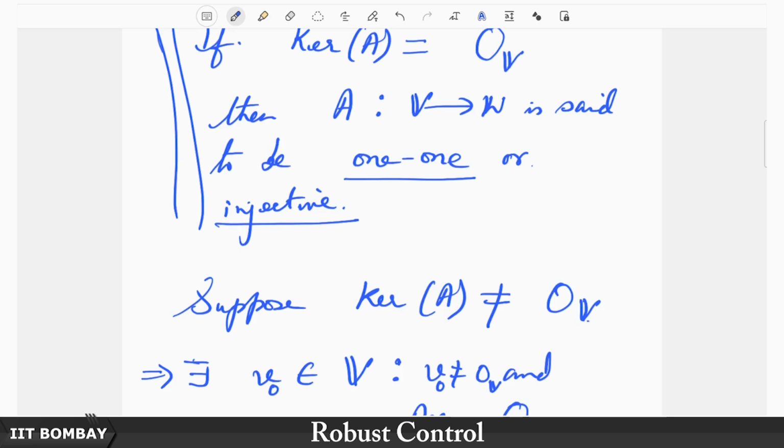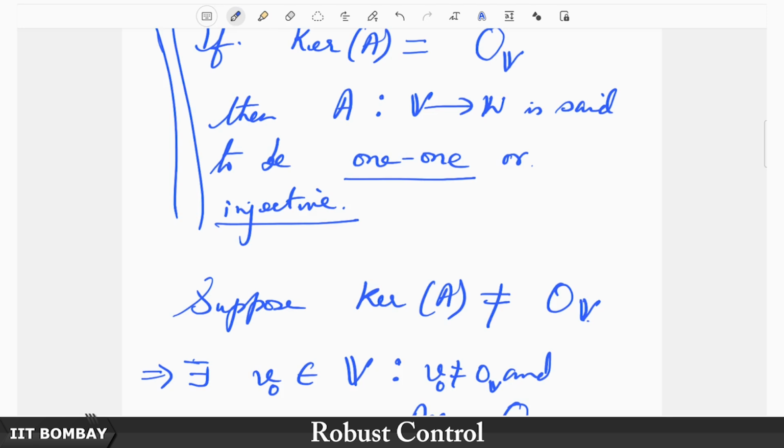But what do we know about V1 minus V2? Because V1 and V2 are distinct, V1 minus V2 must clearly be a non-zero element. So a non-zero element in the vector space V, when acted upon by the linear map, leads to the 0 element in W, right. So that means that the kernel of A, the linear map, is non-trivial, alright.